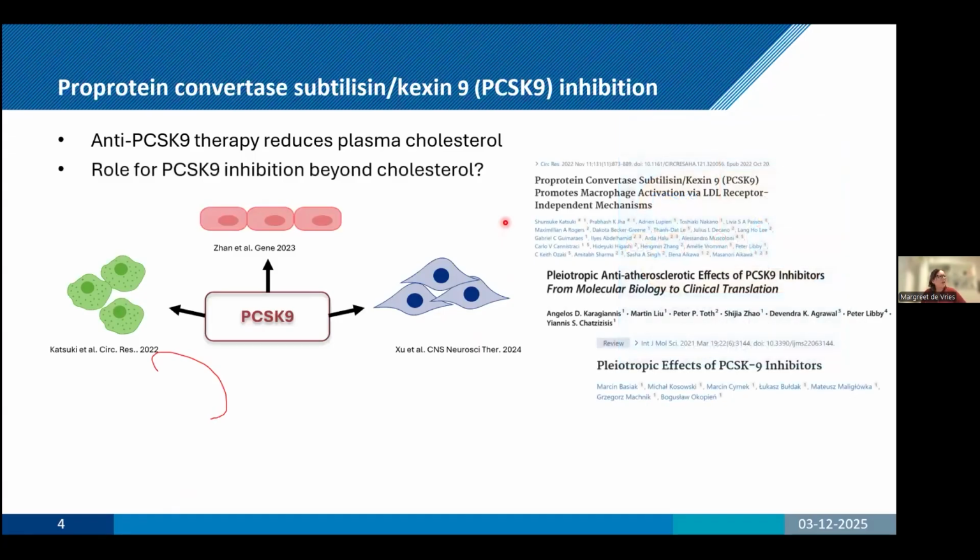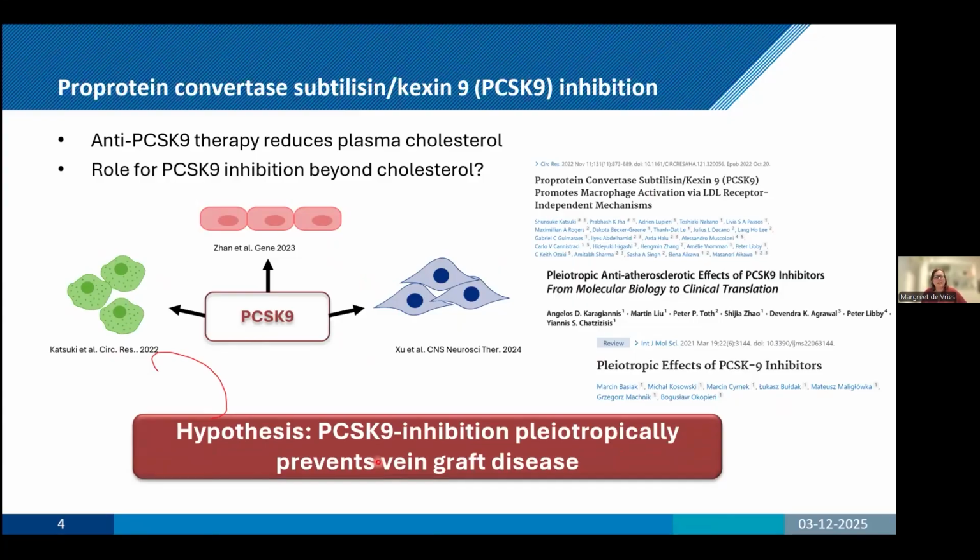Besides cholesterol lowering, PCSK9 inhibition also has effects on, for instance, macrophages, endothelial cells, and smooth muscle cells, as recent literature papers have shown. So our hypothesis is that PCSK9 inhibition can pleiotropically prevent vein graft disease.